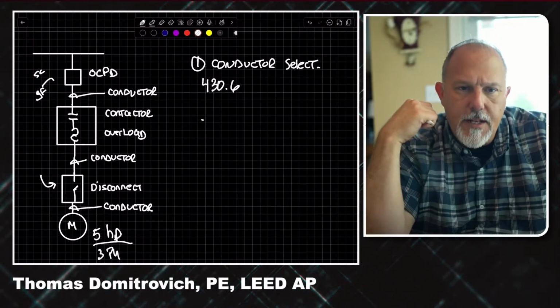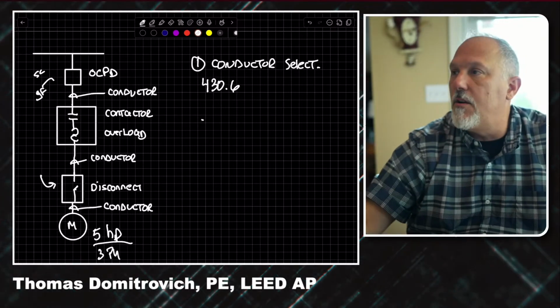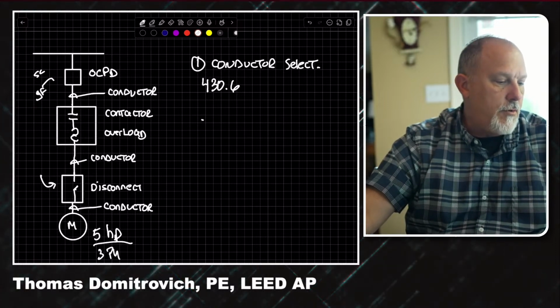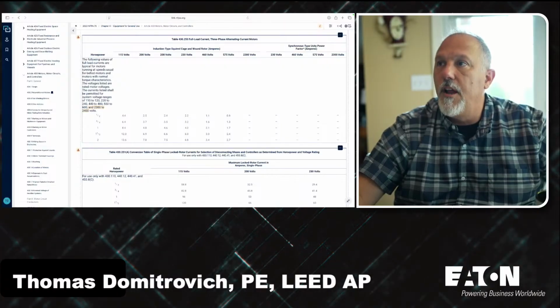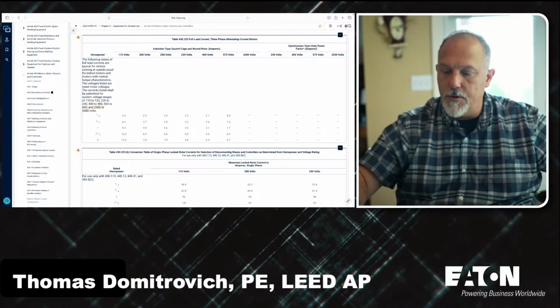All right, 430.250 for three-phase. So that's the table. Robert's telling me to go to 430.250. Let's go to 430.250, full load current, three-phase, alternating current motors. All right, so what was our motor?